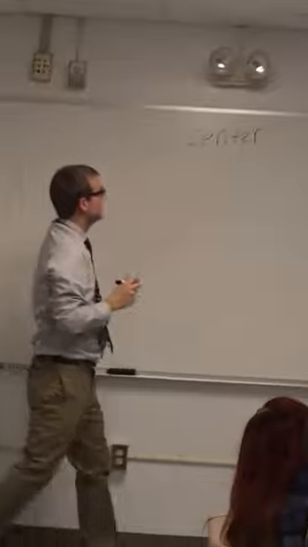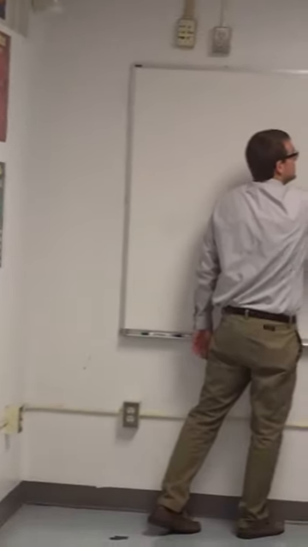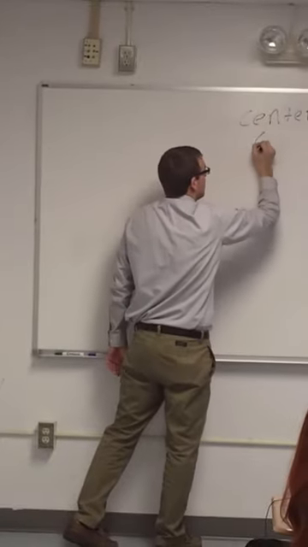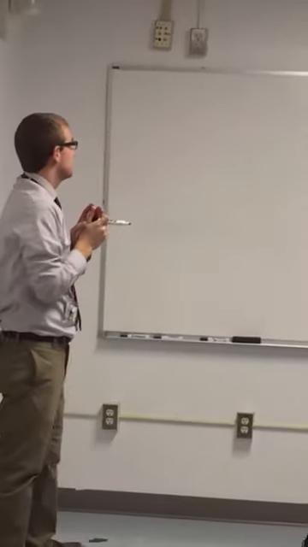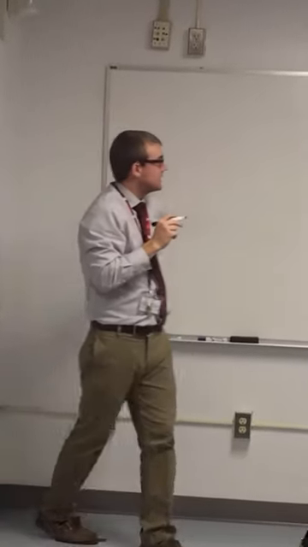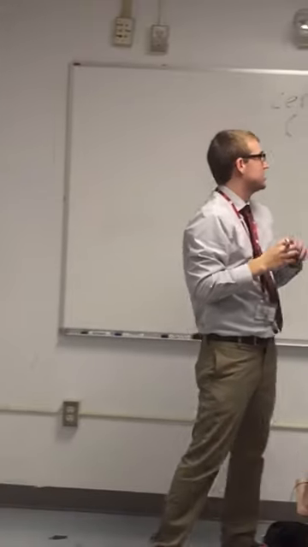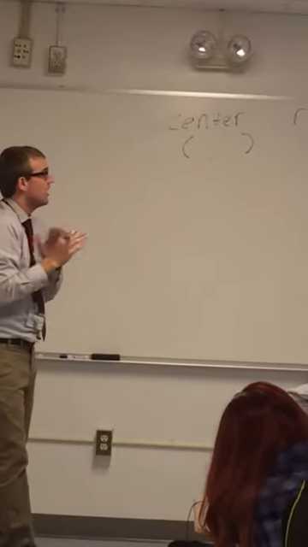All right. So to find the center, what I need to do is use the midpoint formula. So I need to average my x's and average my y's. So looking at problem number 1, what is the average of my x's?